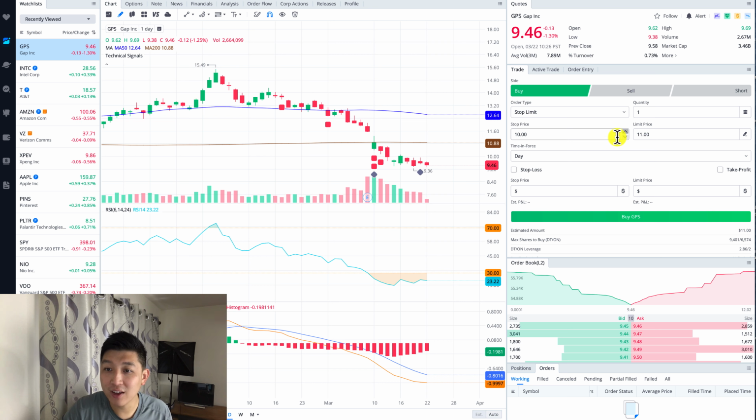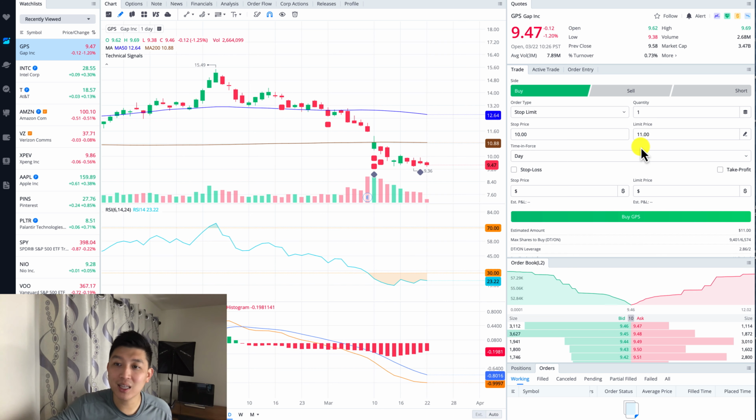So if for some reason after hours it jumps past $11, let's say 11.01, this order will be rendered useless, because you're not willing to pay more than $11. Now it's trading at 11.01, so this order is not going to execute. It's just going to stay in the queue until the price drops below that $11 mark.